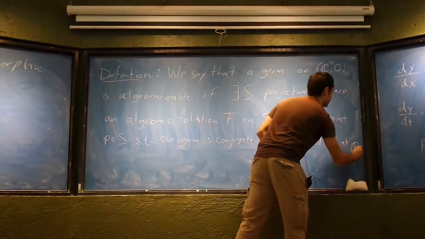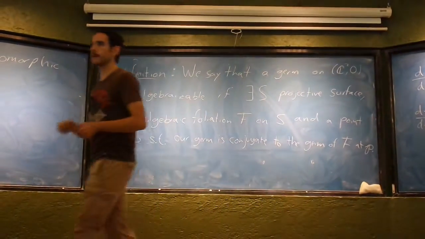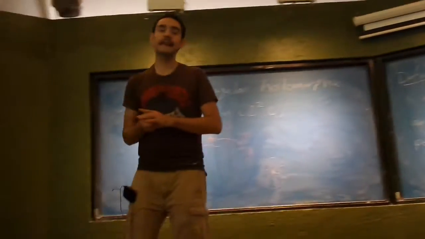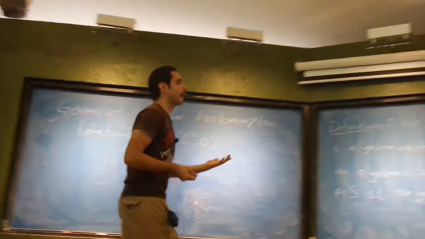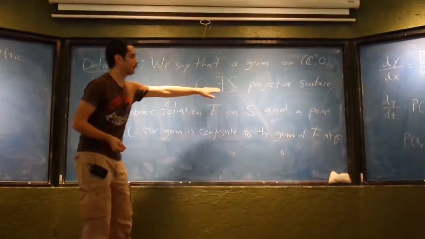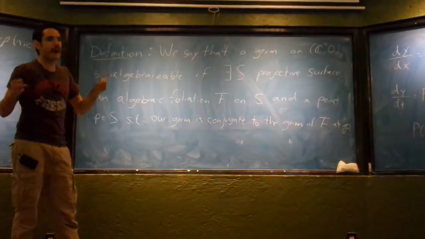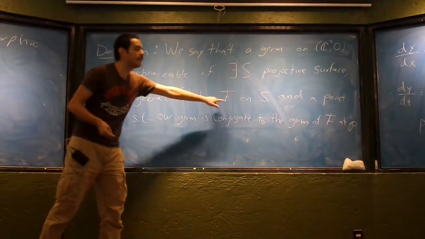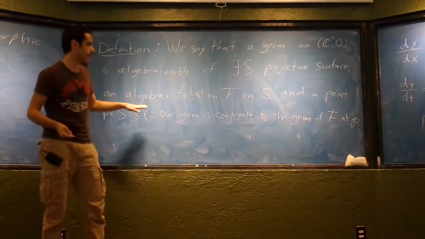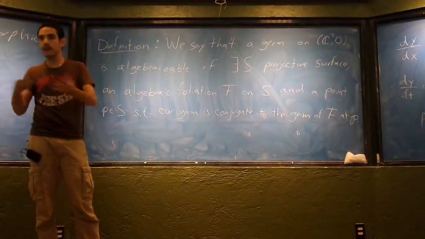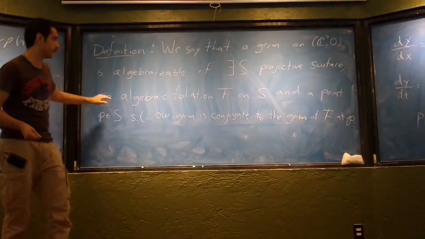Okay. So I'm going to say that a given germ is algebraizable if I can find this algebraic surface, an algebraic foliation on it. Actually, any holomorphic foliation is algebraic, but I just want to emphasize that we are in a completely algebraic situation here.